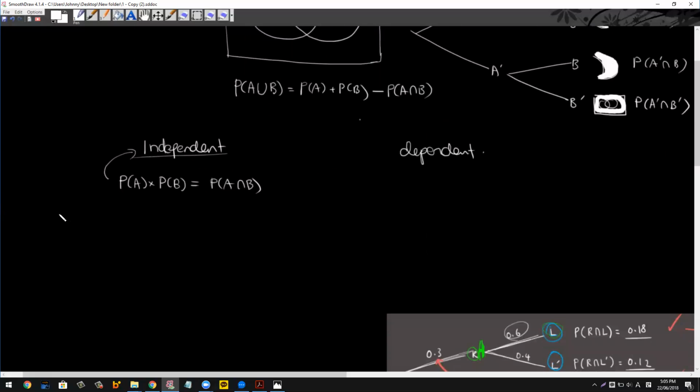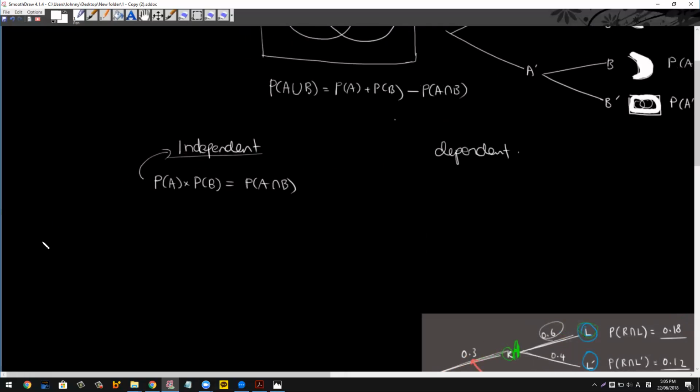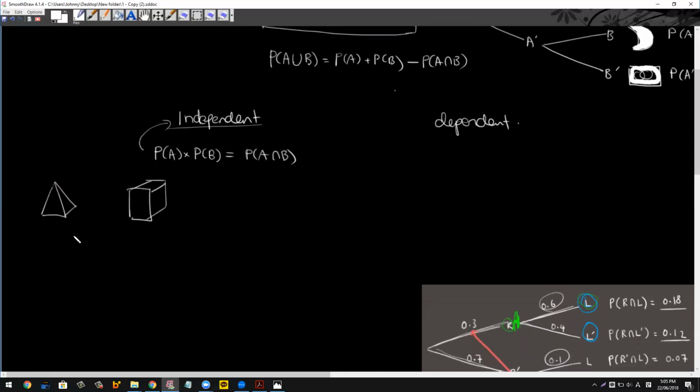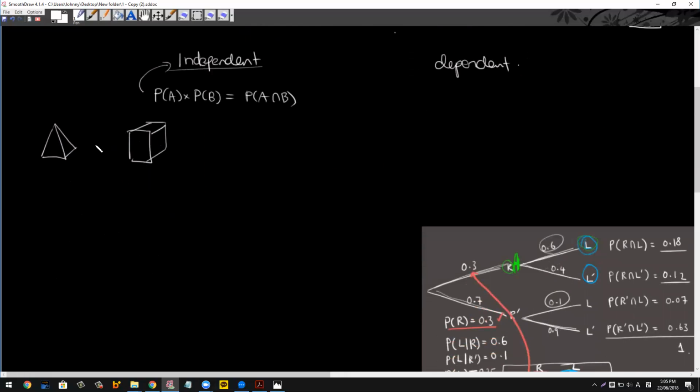So using the tetrahedral die that we talked about last time, and a cubical die, you can construct this. We actually haven't done this one thoroughly, so I'm going to go through this again.